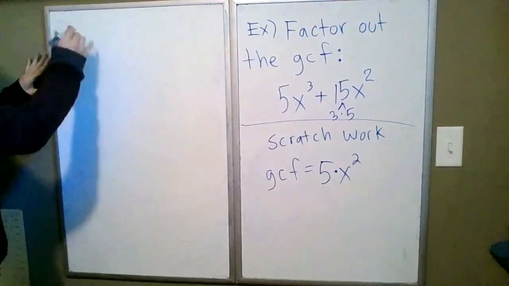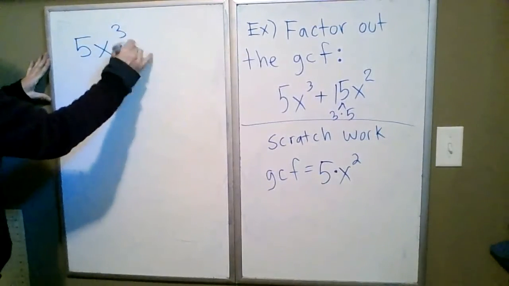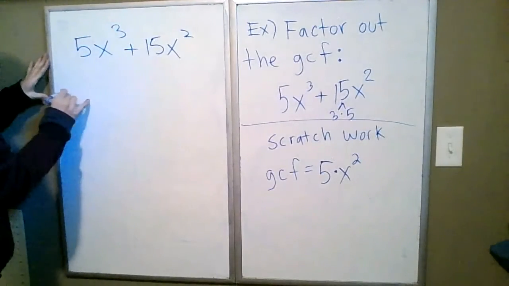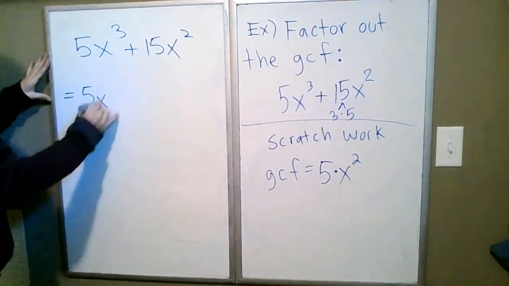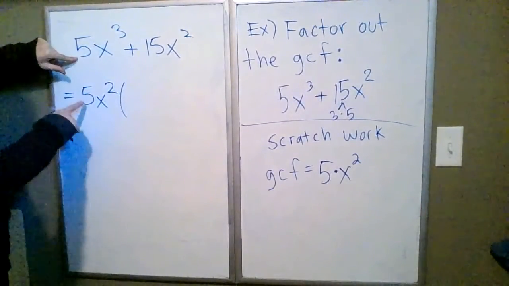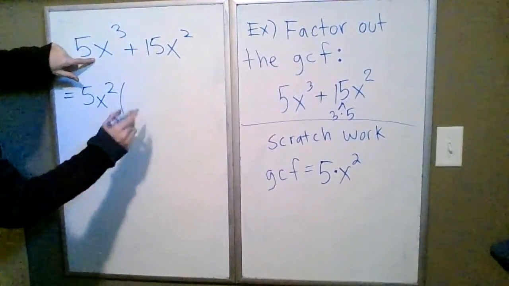And start with your original expression. We want to factor 5x squared out of it. So from the first term, we've taken out 5. From x cubed, take out x squared, which leaves behind x.